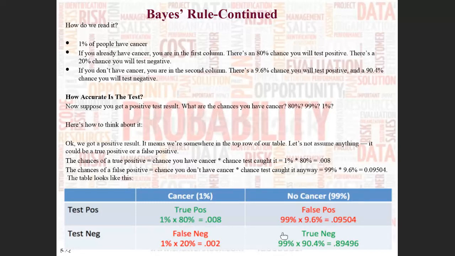Okay? So 99%, this is where the 99 comes from, and here the 1% comes from here. So 99% times 9.6% is 0.09504. And for the true negative, 99% times 90.4% equals 0.89496.